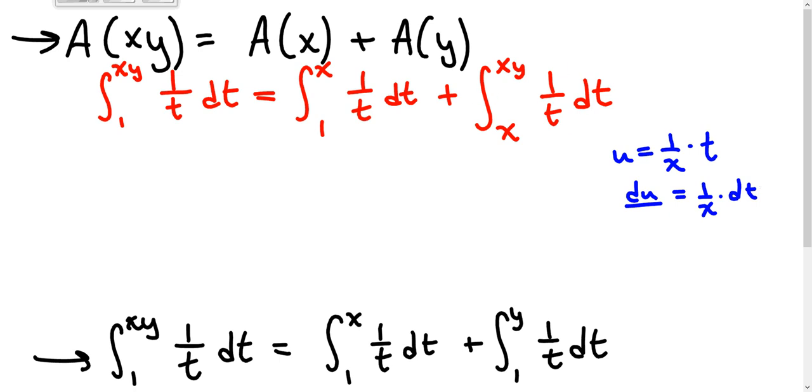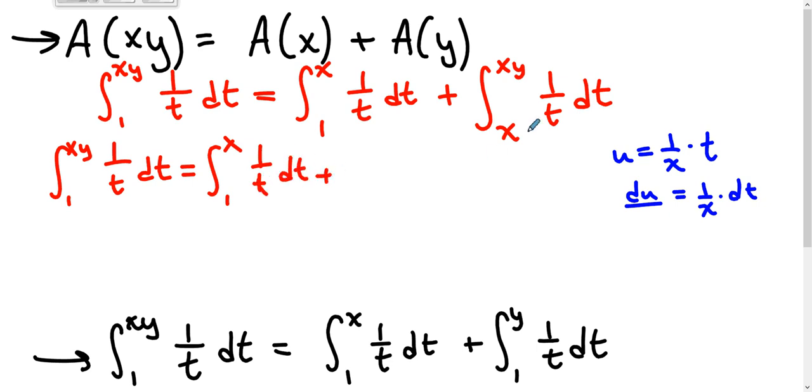So this integral over here, we're going to leave everything else exactly the same. This integral is the integral of, okay, so 1 over t, so t is x times u, right? Now 1 over x is a number because x is a number. u is going to be the variable of integration. dt is x du.